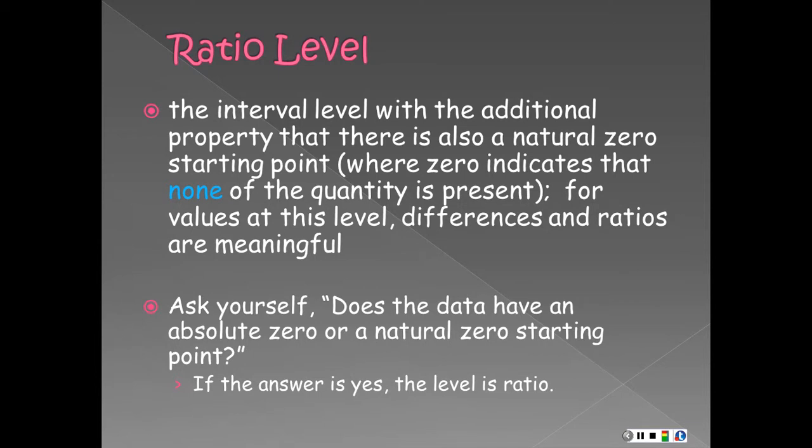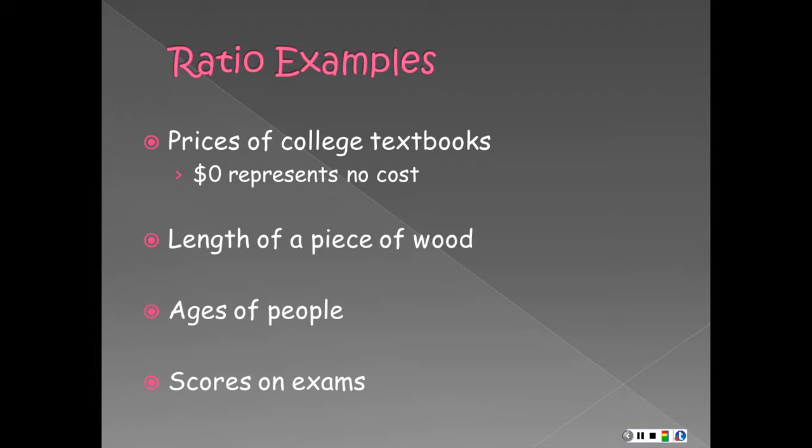The ratio level is the additional property that there is a 0 starting point. So basically, ratio, you cannot have any negatives, so you can't think about it as negative on a number line. So prices of college textbooks, everybody wishes that they would pay you for a college textbook, but they do not.